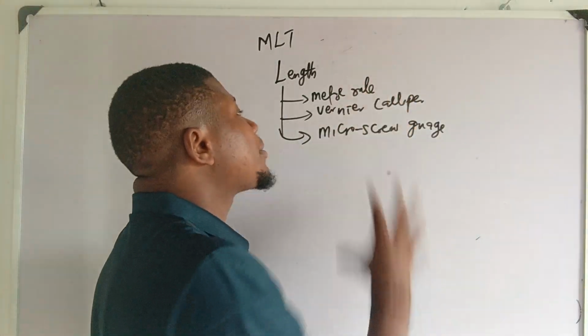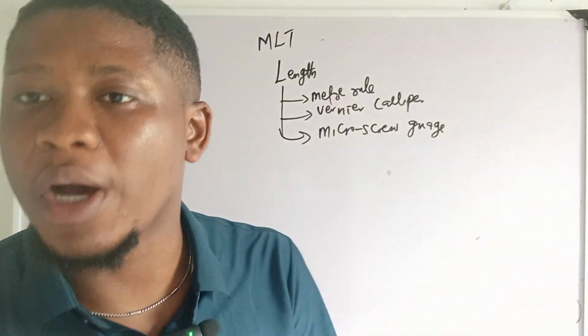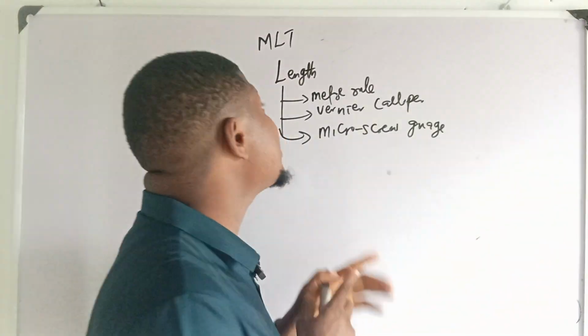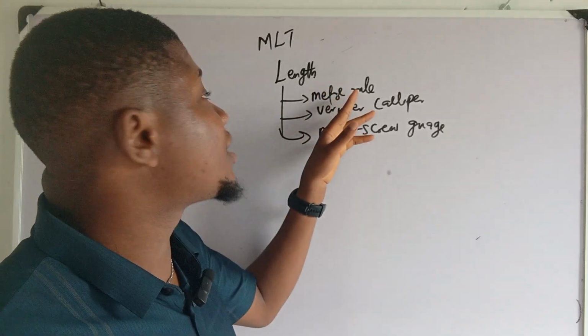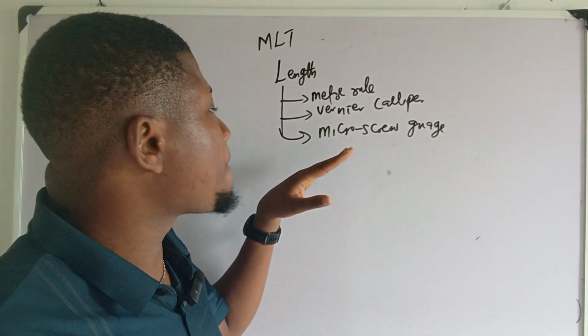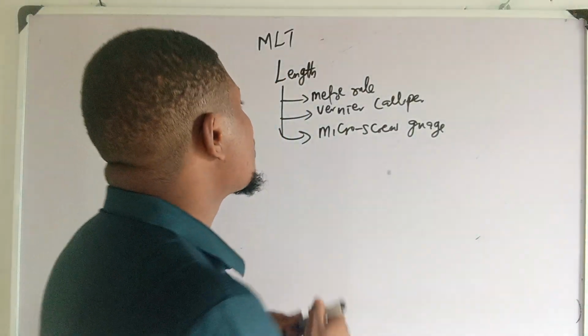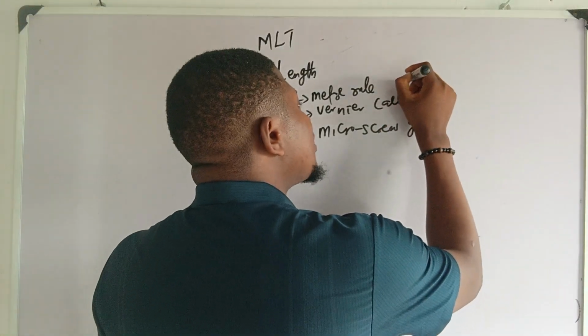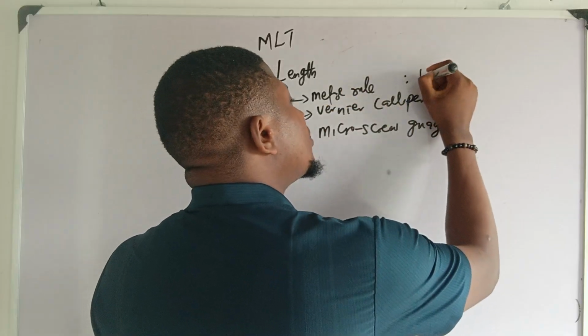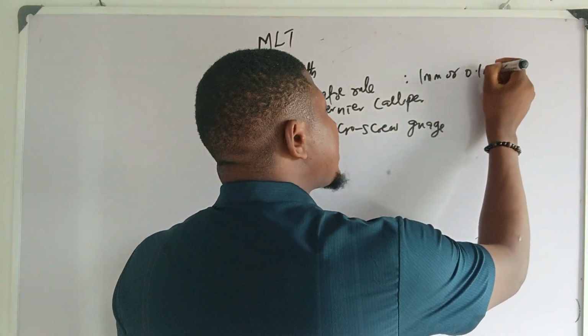First of all, what you have to know about all of them, something we established when we talked about mass, is their reading accuracies. The measuring accuracy is also called the smallest graduation. What is the smallest graduation of the meter rule? 1 millimeter or 0.1 cm.